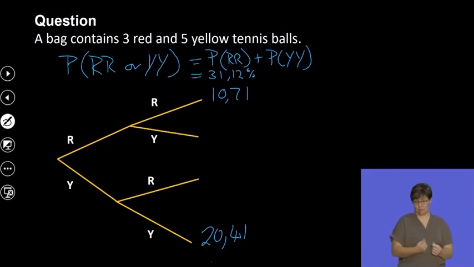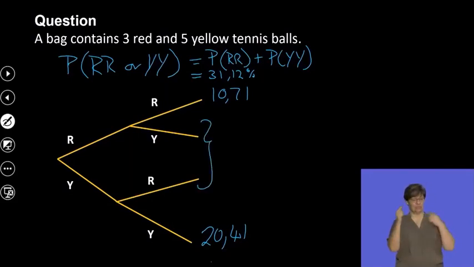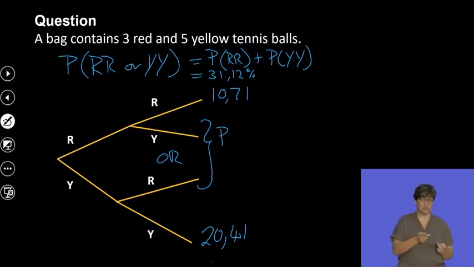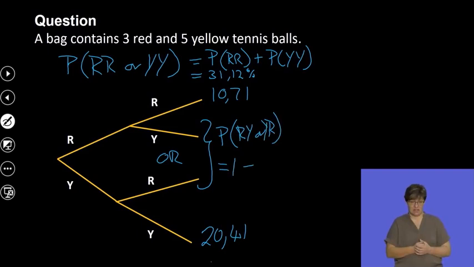So to find the different colors, the probability of either yellow-red or red-yellow, that probability is going to be 1 minus the probability that we've just worked out, which was red-red or yellow-yellow.